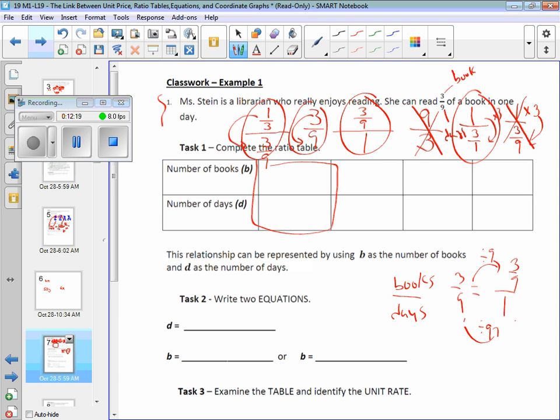Okay? So, let's make things easy on ourselves. Rather than making this 3/9 over 1, we've proven that it's equal to 3 over 9. So let's just build our table that way. Let's deal with whole numbers. Let's not deal with fractions in our ratio table.